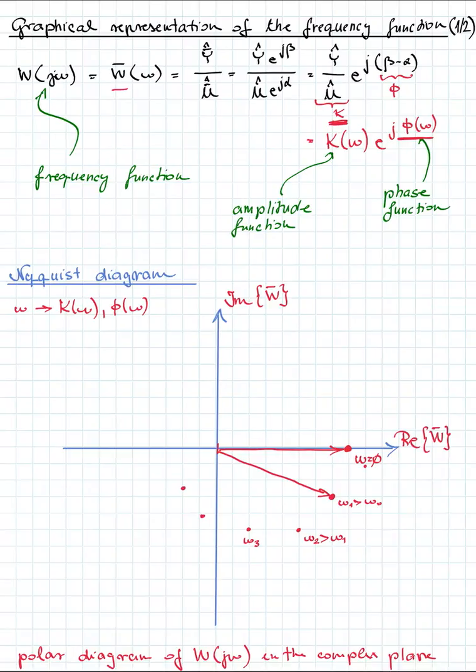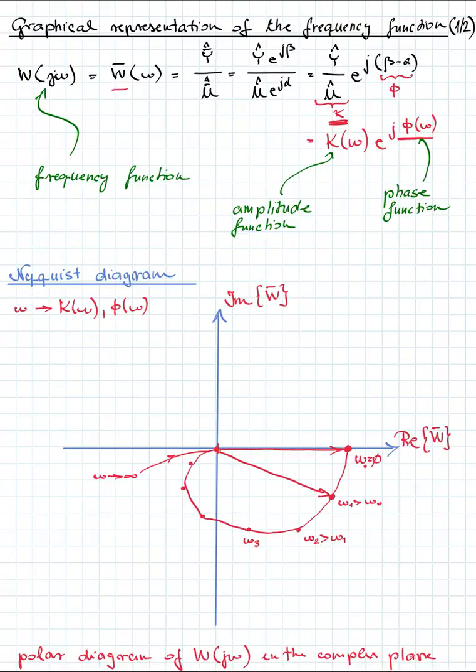Typically, it is going to decrease and going to go to the origin. So we are going to get some points on the complex plane if the omega is increasing from 0 to infinity. And the next, we are going to connect these points from 0 to infinity.